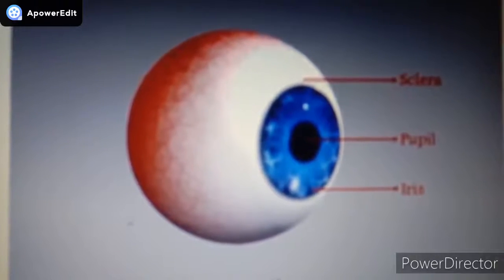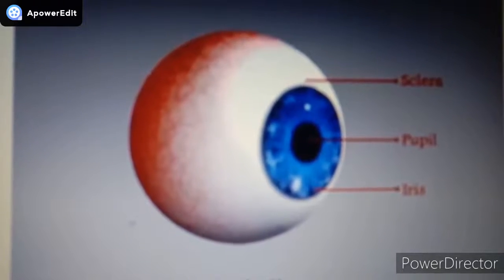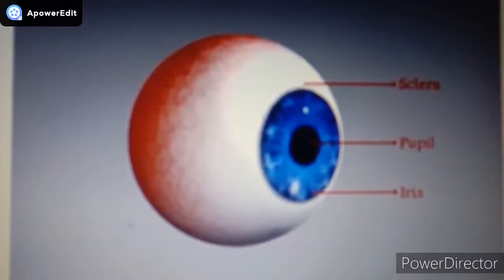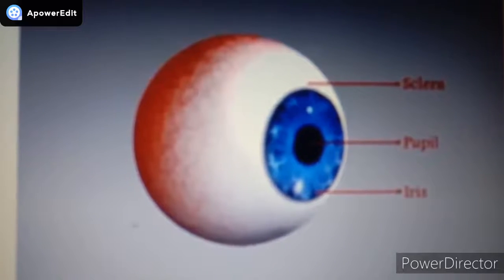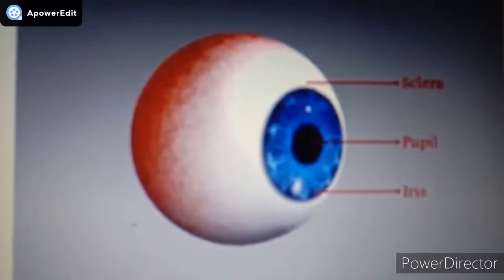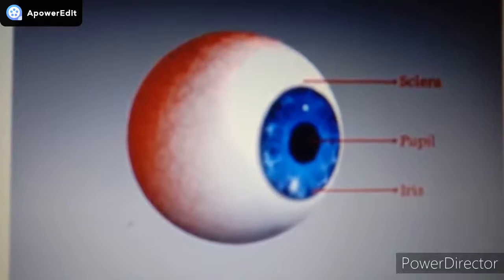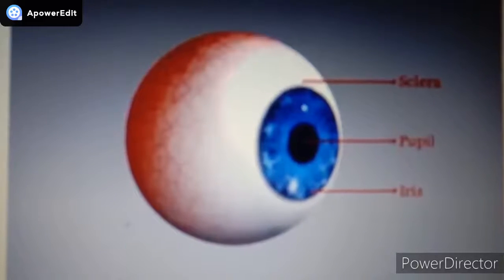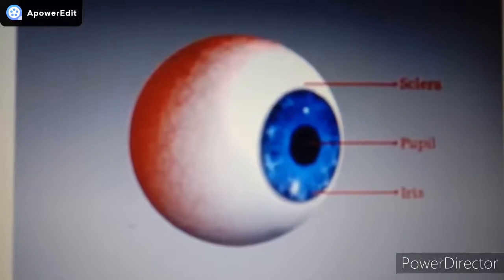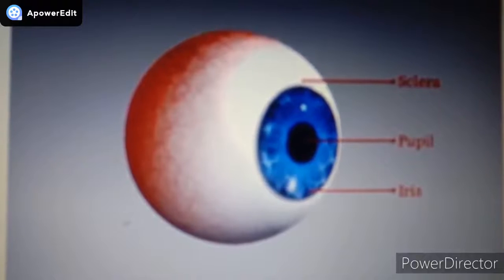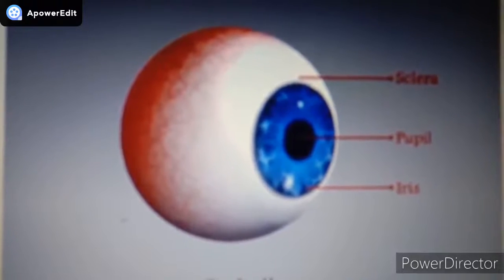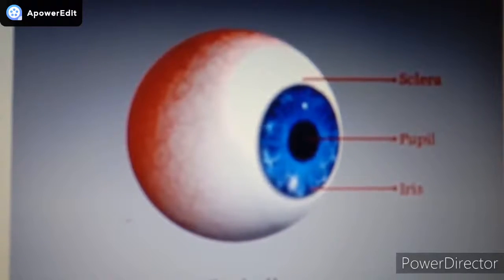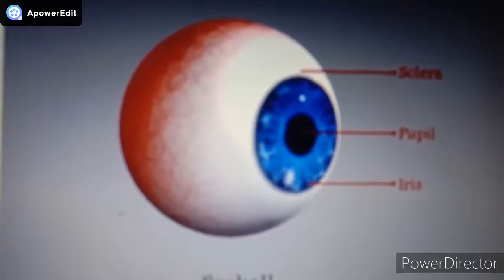Now, the front white part of the eye is known as the sclera. The circular opening in the center of the eye is known as the pupil, and this colored portion of the eye is known as the iris.